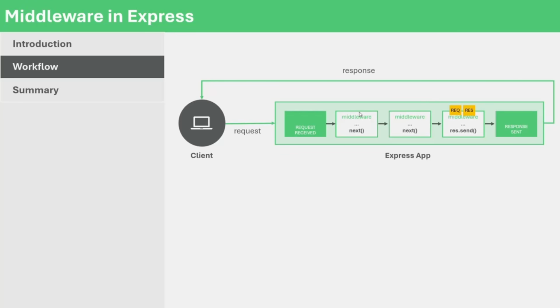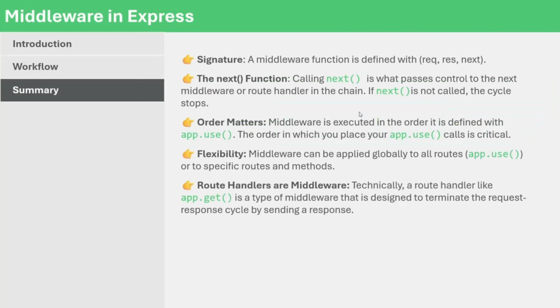So remember that a middleware is nothing but a function which sits between the time the request is received and the response is sent. A middleware function is responsible for executing some logic or manipulating the request or response object before the final response is created and sent back to the client. So in summary, a middleware function is defined with request, response, and next parameters.